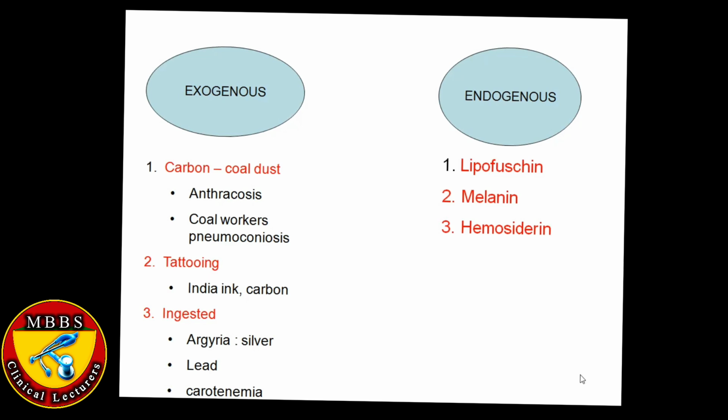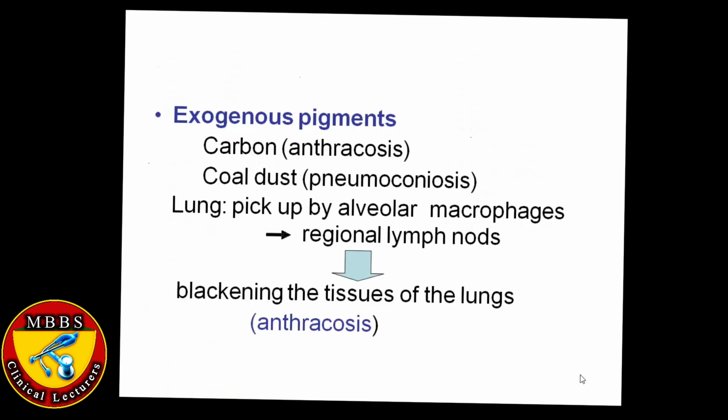When we talk about endogenous pigments, there are lipofuscin, melanin, and hemosiderin. So pigments are of two types, exogenous and endogenous. Exogenous: carbon, tattooing, and ingested. And endogenous: lipofuscin, melanin, and hemosiderin.